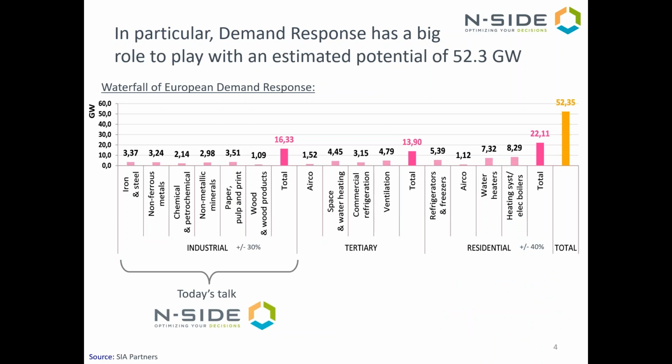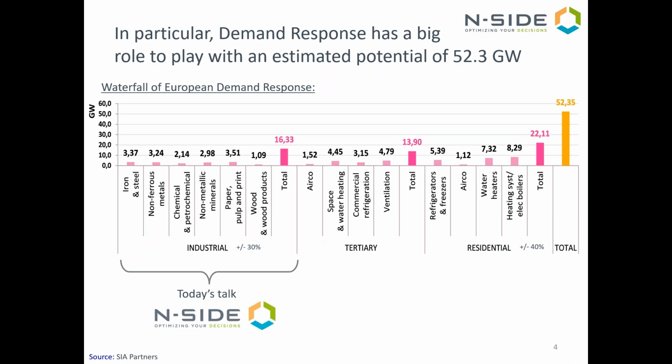So in particular, demand response has a really big role to play. We estimated here in Europe a potential of 52.3 gigawatts. So it's quite important. And you can see here on the graph the waterfall of this potential spread into 3 categories. So you can find 30% of potential owned in the industrial sectors.